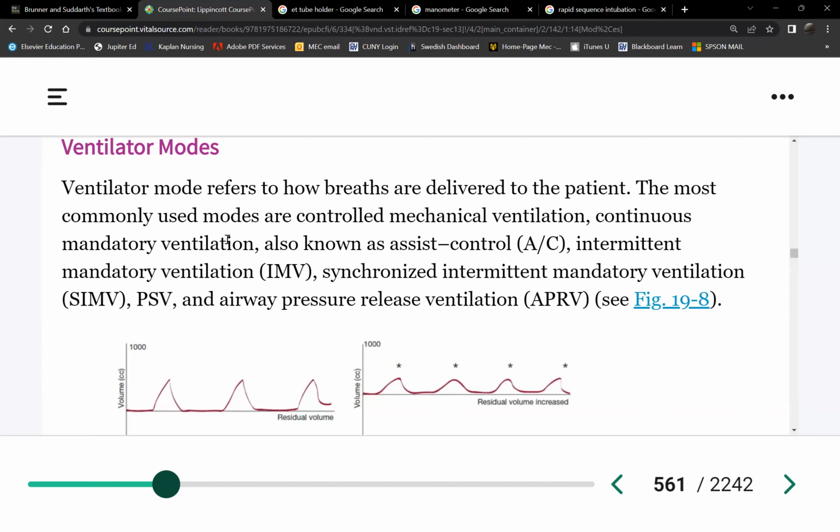Every time the vent gives a breath, how much will the patient receive under CMV or AC? Whatever is preset. Again, what are the two things preset? The volume and the rate. So 12 times the patient will get how much? 350 mL, or whatever is the preset tidal volume.